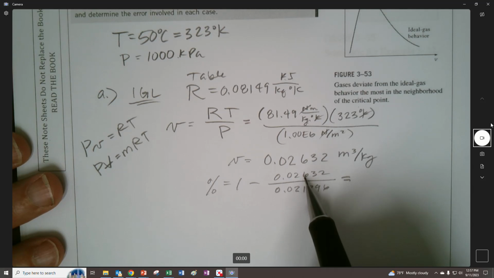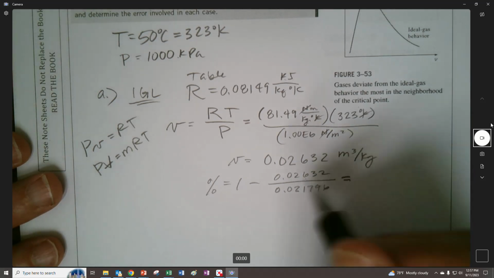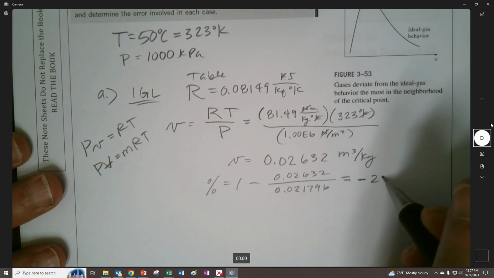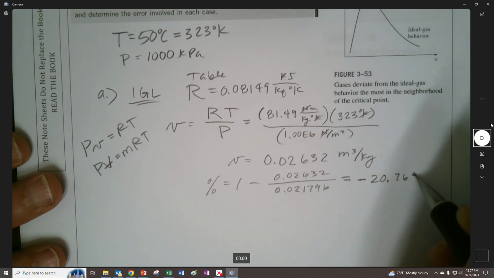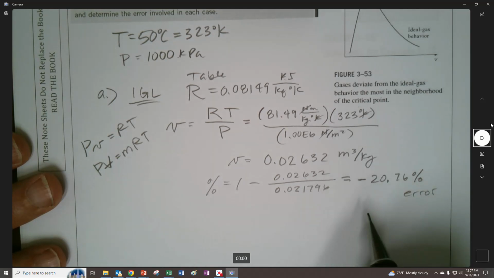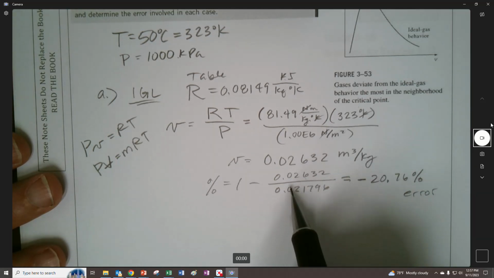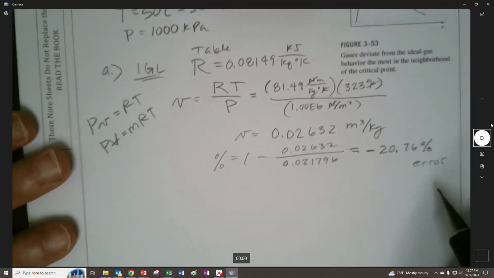And I think it's going to be a negative number. I think you get a negative 20.76% error.